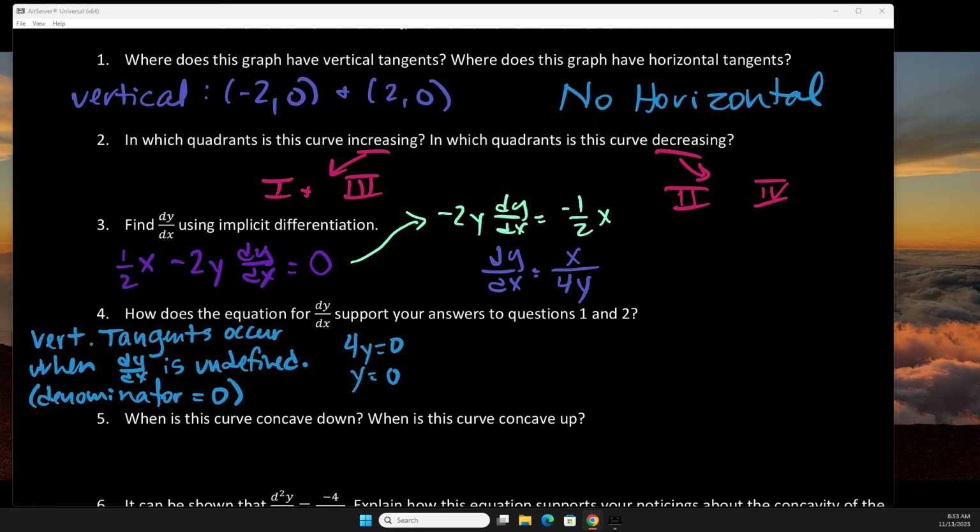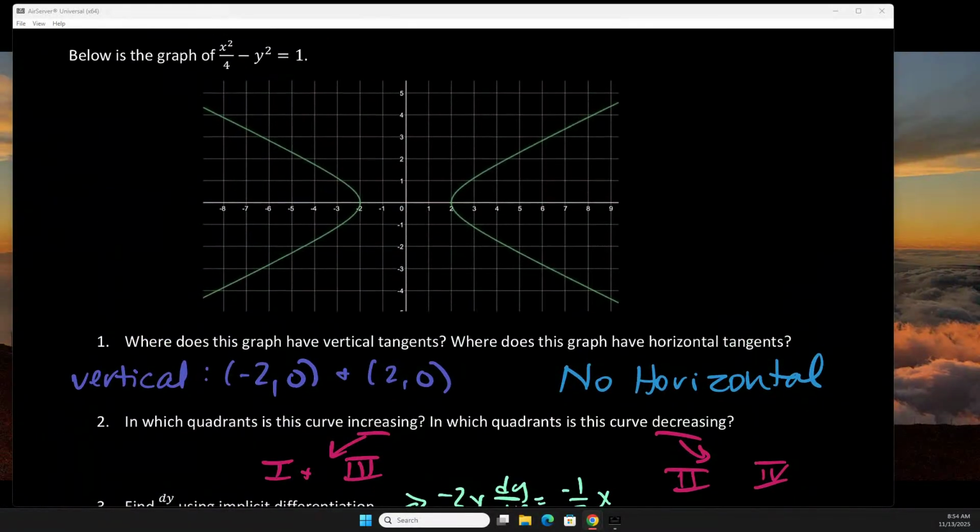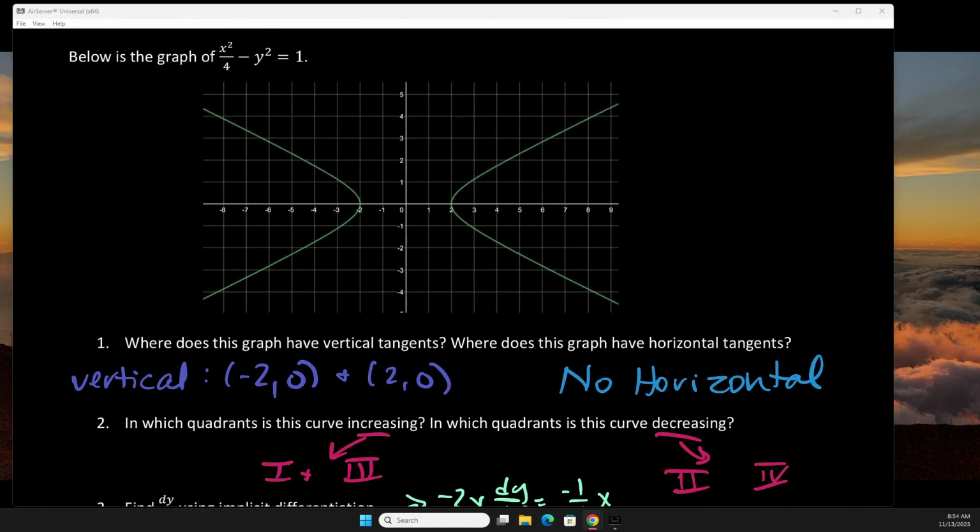Now sometimes, like the question I made up for your homework, I asked what is the y value where there is a vertical tangent. This one we want to show the actual ordered pairs. So now that we know what the y is, how do we find what the x is that goes with it? We go to the original. Very good.